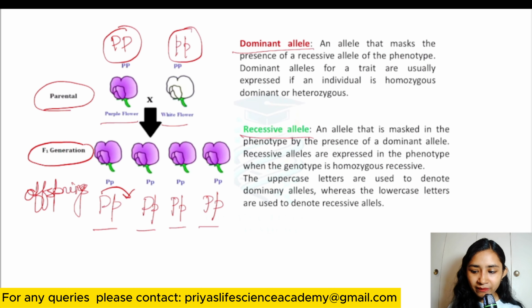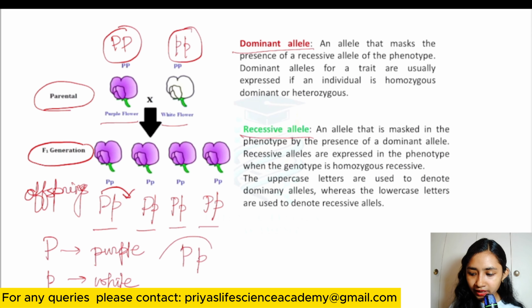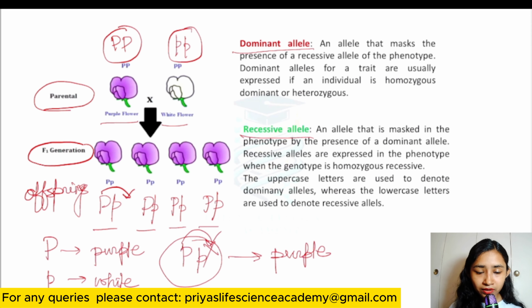Capital P is responsible for purple color, as you have seen from the picture, and small p is responsible for white color. But when capital P and small p are together, the flowers are purple. White color is not present. That means the purple color allele is dominant over the small p allele.